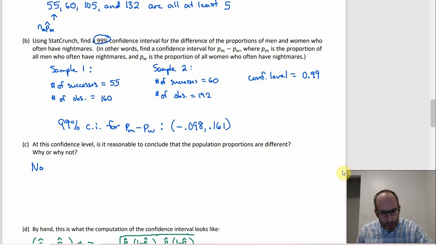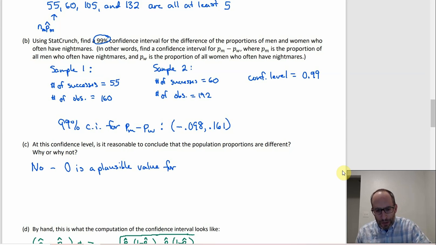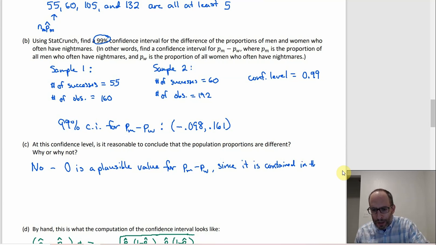So no, because 0 is a plausible value for PM minus PW, since it is contained in the confidence interval. I guess I have to write confidence interval as CI because I certainly don't have enough space to write confidence interval over there.